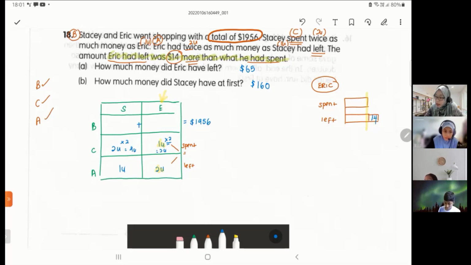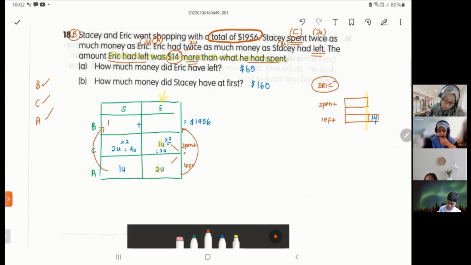Okay, so now what we are going to do is I want to actually go backwards. If you go backwards, you are going to fill up the blanks on top here. Right? So how do we do that? If you look at Stacy, Stacy will actually have a total of 4 units.